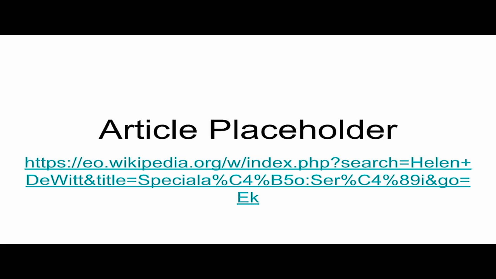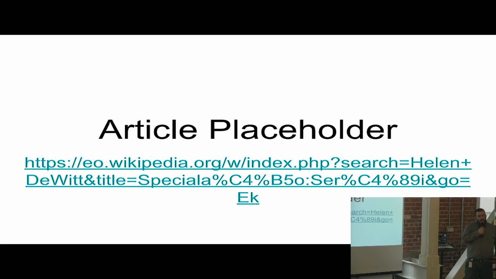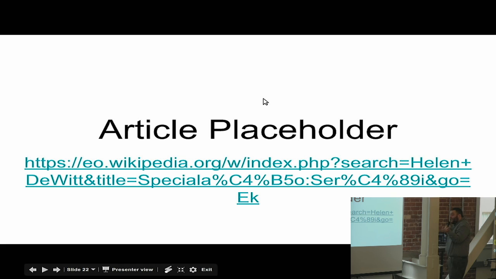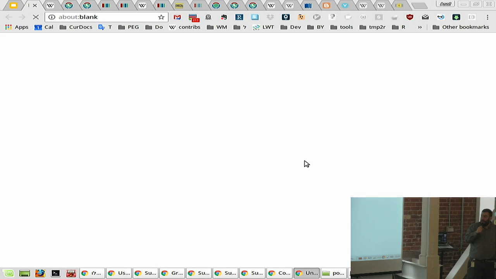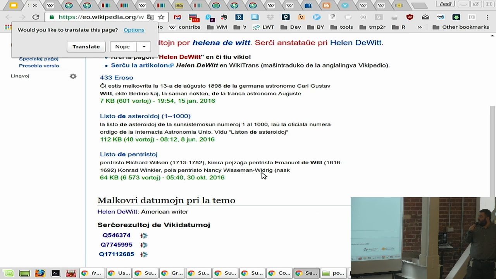And it is using the potential of Wikidata to offer an automatically generated, Wikidata-powered replacement placeholder for articles that don't yet exist on Esperanto. So let's go to the Esperanto Wikipedia.